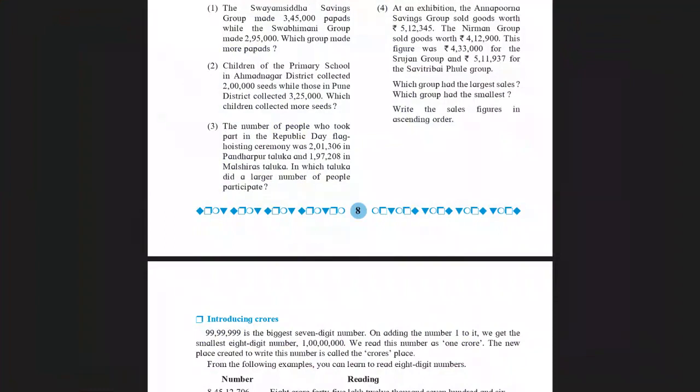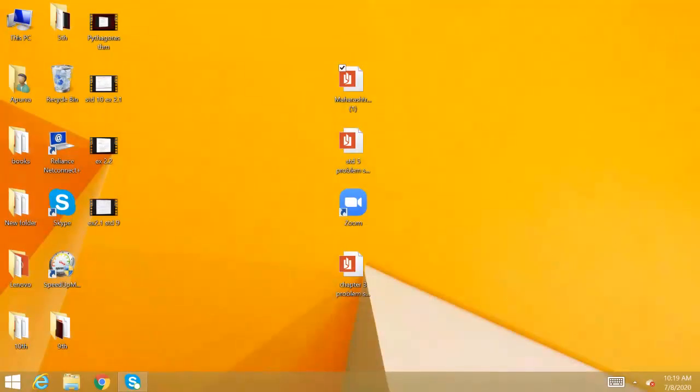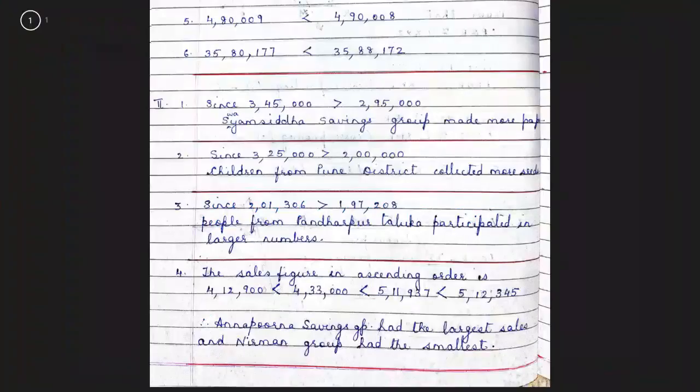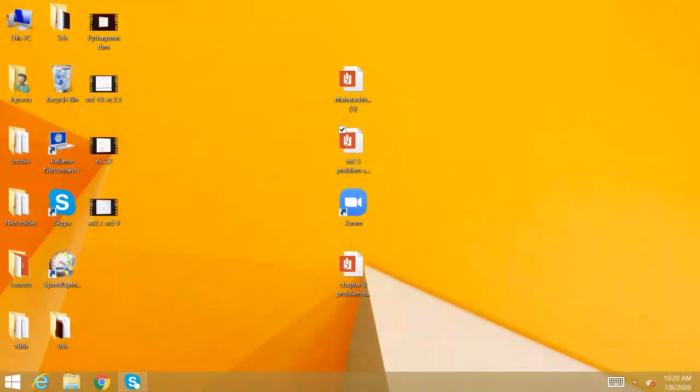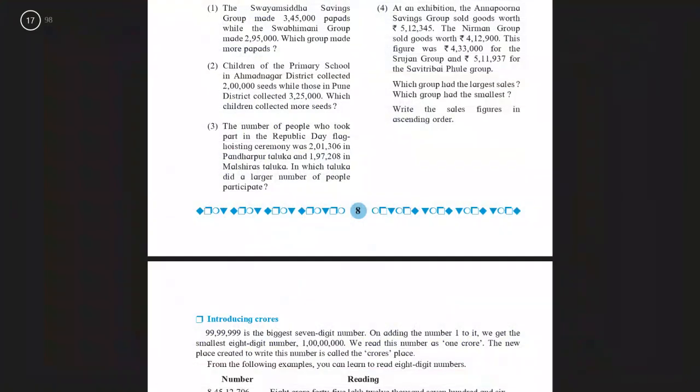When you look at both these numbers, 2,01,306 is greater than 1,97,208, and therefore we will write, since 2,01,306 is greater than 1,97,208, people from Pandharpur Taluka participated in larger numbers. Okay. Next, we go to question number 4.